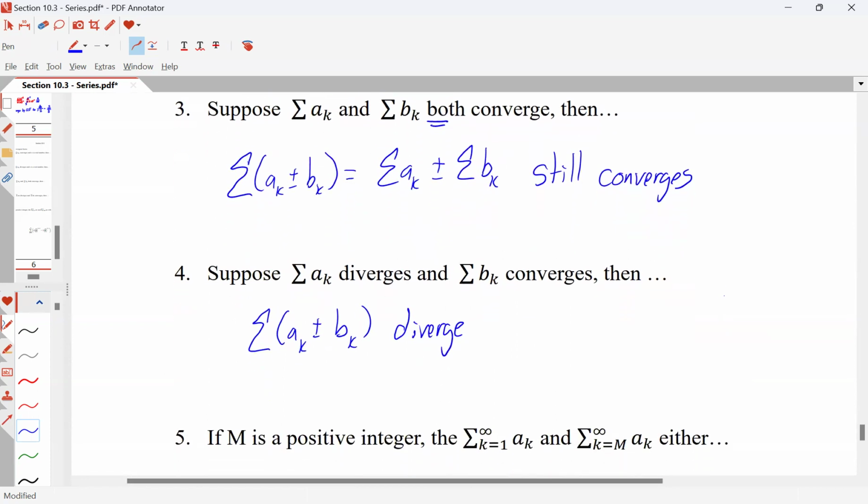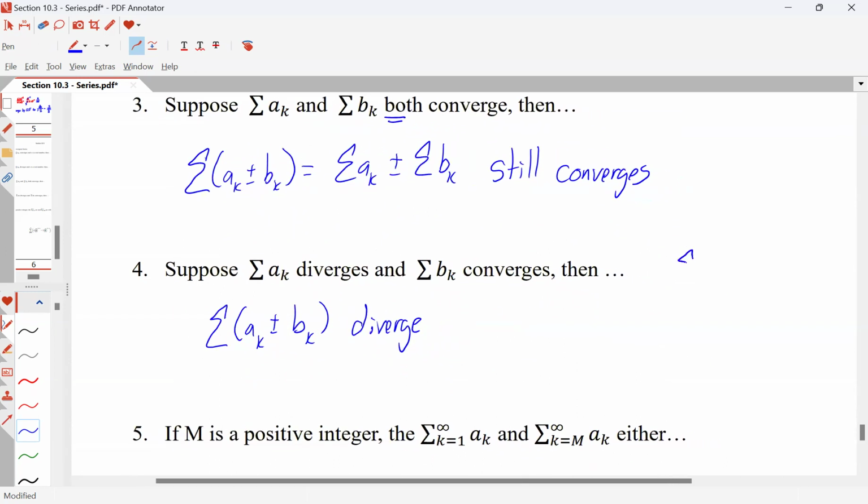Now, notice before we get into 5, there's not a case of one series diverging plus another series diverging still being divergent, because there are actually counterexamples to that. For example, if I take the series (-1)^k and the other series (-1)^(k+1), for geometric series reasons, these both diverge.